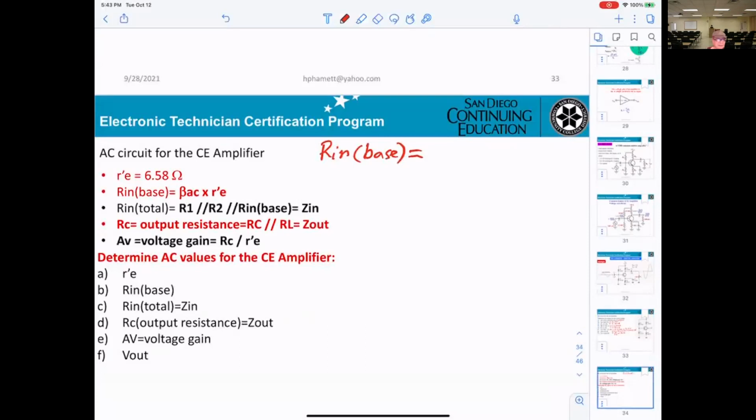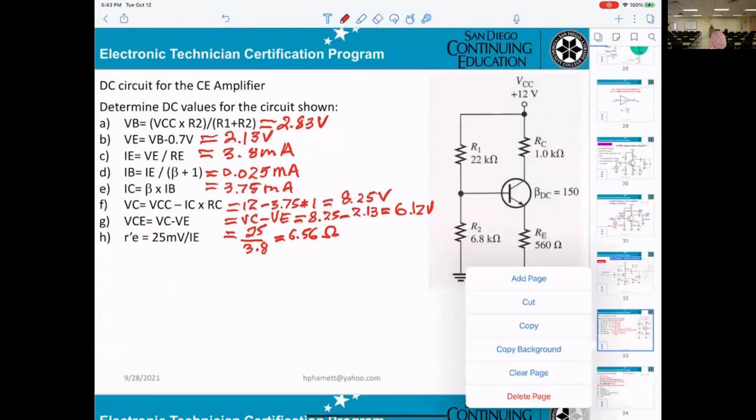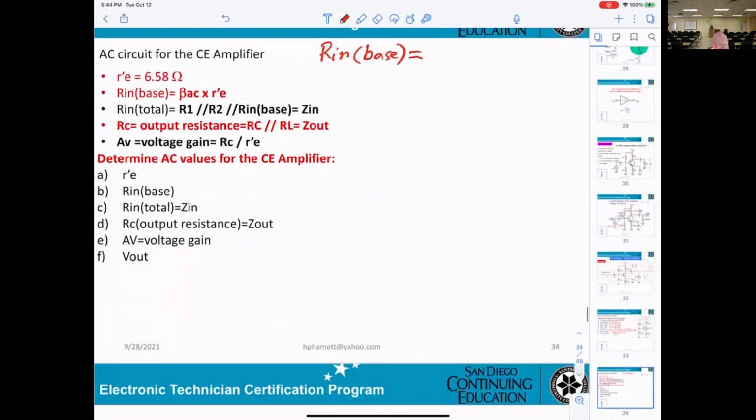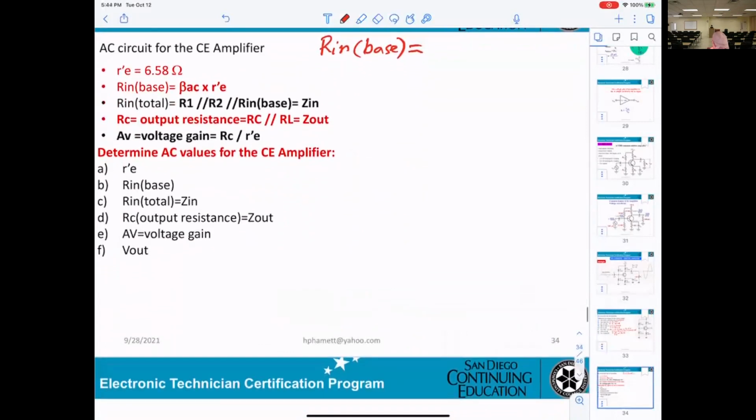You already know the resistor from the base to the ground, so I want to calculate it. Basically it equals what formula?